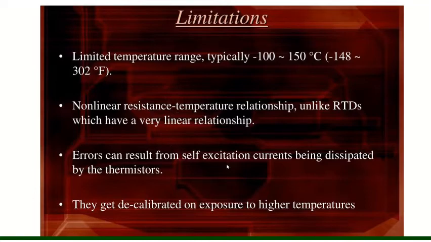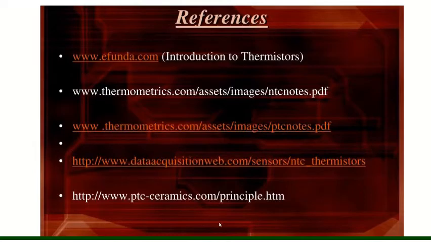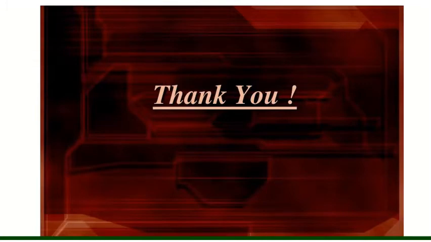Errors can result from self-excitation also. That is one of the limitations, and they get decalibrated on exposure to higher temperature. These are some of the references where you can check more about thermistors and their applications.